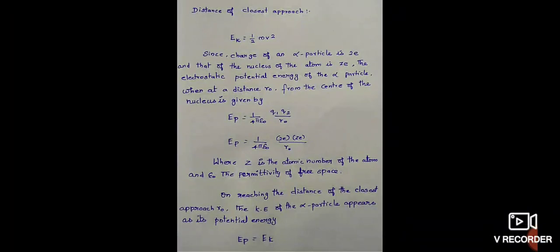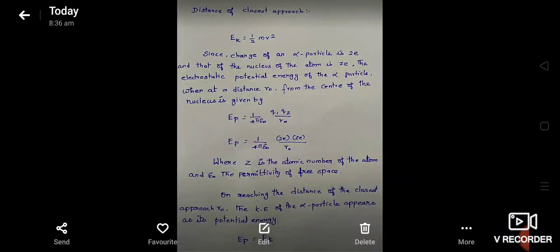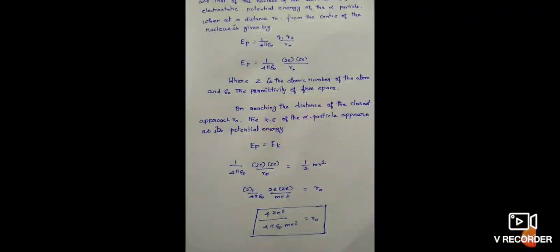On reaching the distance of the closest approach r0, the kinetic energy of the alpha particle appears as potential energy, which means kinetic energy is equal to potential energy. By equating the two equations, 1 by 4 pi epsilon naught Ze into 2e divided by r0 is equal to half mv square.